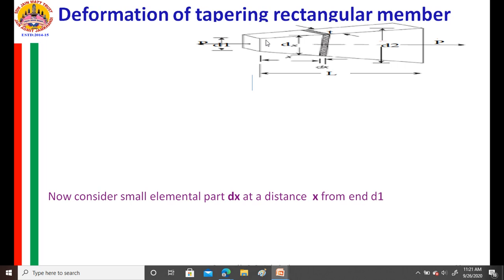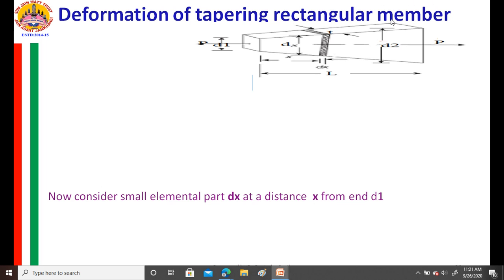Like if I am considering the whole length, the depth here is D1 and depth here is D2, and their difference is large. Instead of considering the whole length, if I consider only 50% of the length, what about the difference in depth or the difference in area? Is it reducing, remaining same? Yes.